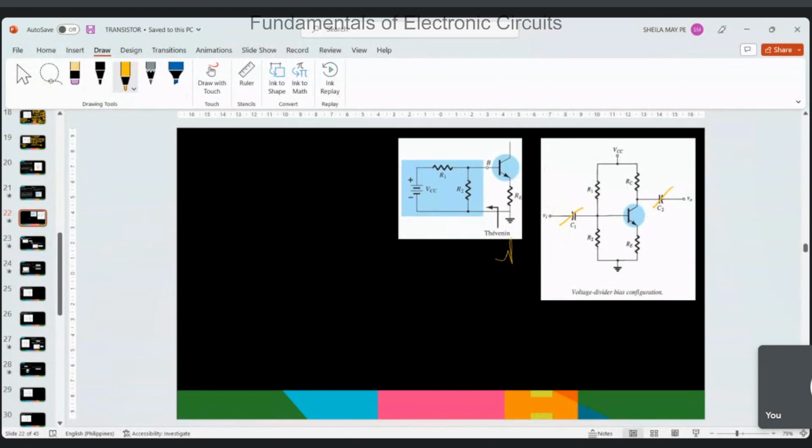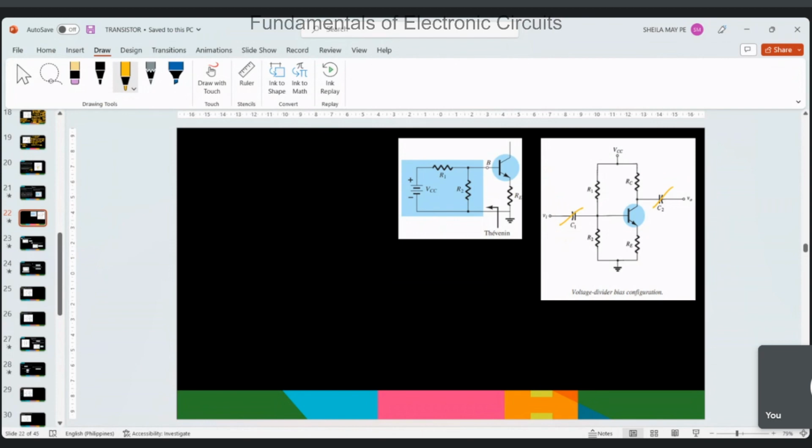So for the voltage divider, as I told you earlier, it is composed of our R1 and R2. Now, in the first step, we apply our Thevenin network theorem.